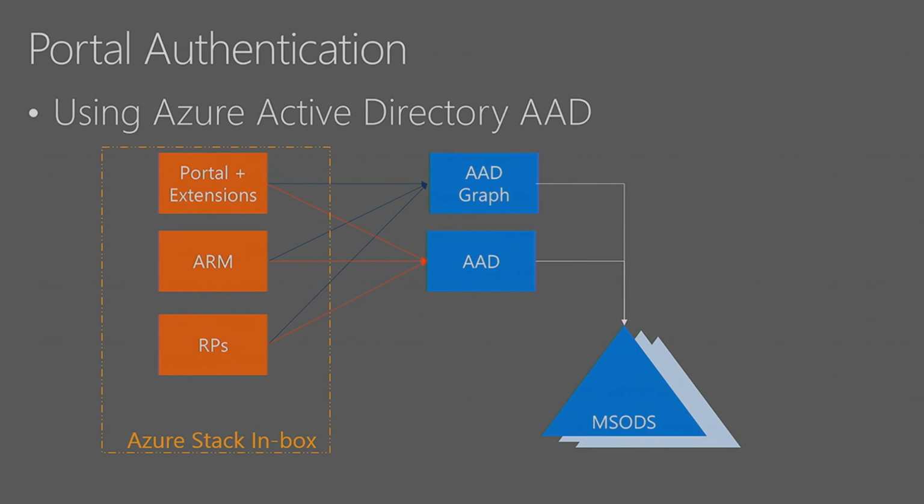This is where it gets important to enable your existing users to authenticate and work with the portal. And again, what I have to say up front, what you see here on screen right now is what you have in Technical Preview 2, leveraging Azure Active Directory.